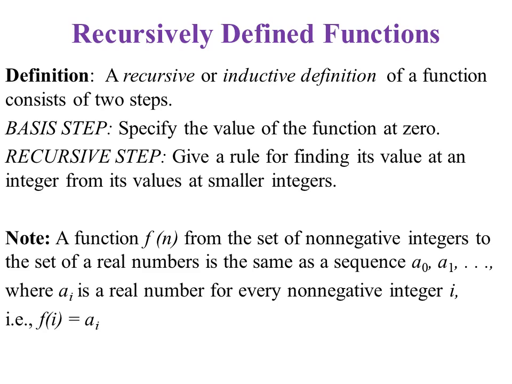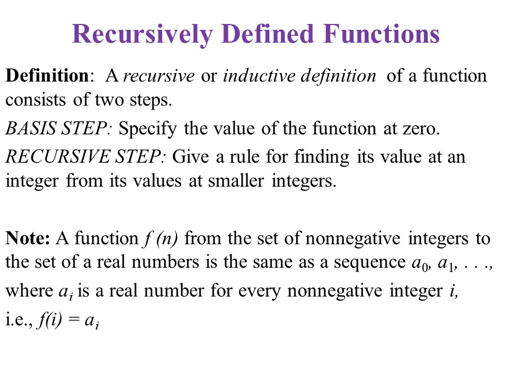So here, if you want to find out a function of n, that will be expressed in terms of function of n minus 1, or function of n minus 1 and n minus 2, and so on. So in the recursive step, the functional value at a higher integer is expressed in terms of the function value at lower integers.